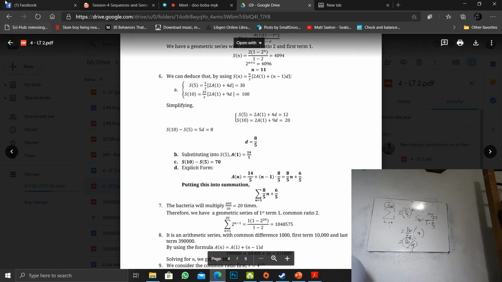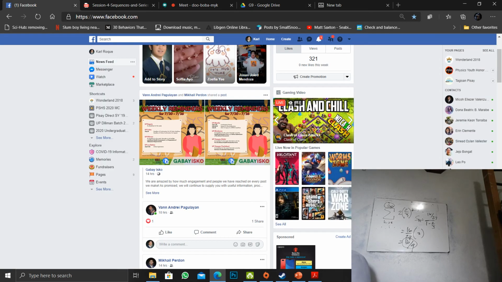Guys, may correction ako sa number 3, if hindi nyo pa nagagawa. Sa number 3, dapat S10 yun. S10 equals 100 dapat. Hindi A sub 10, S10. Sige, never mind.